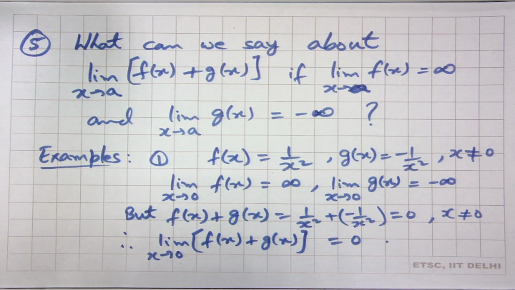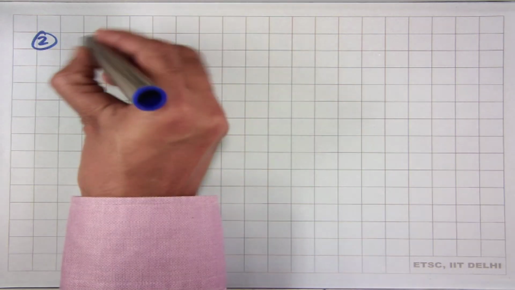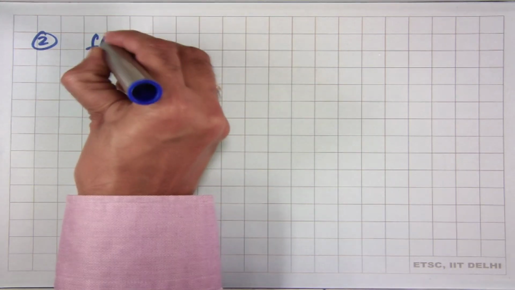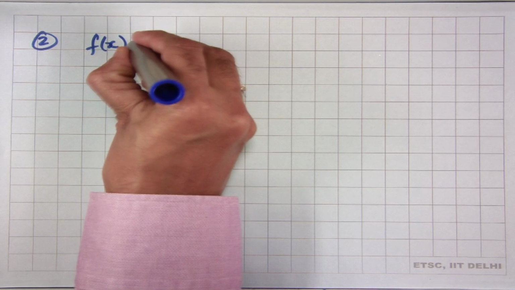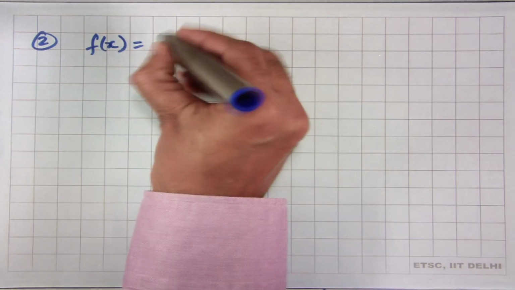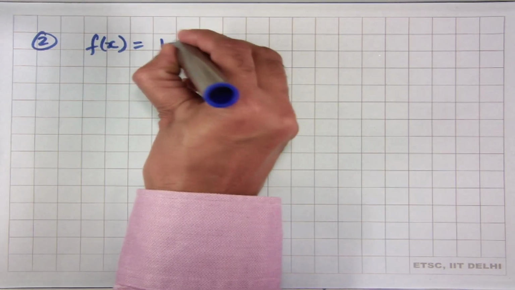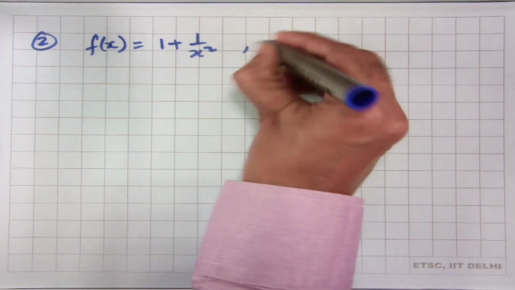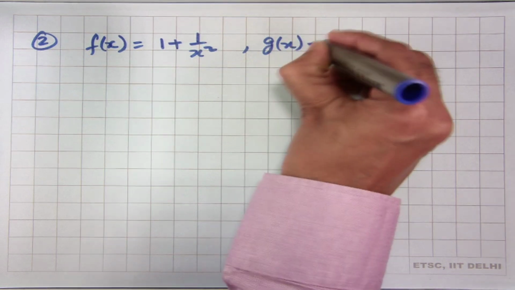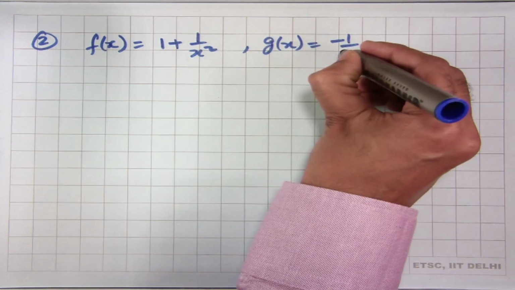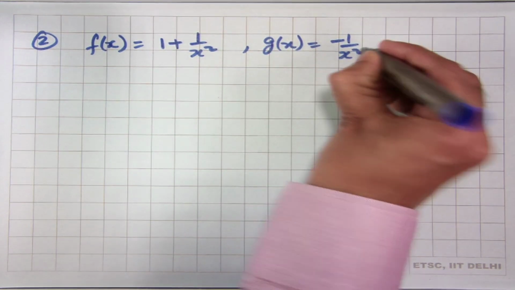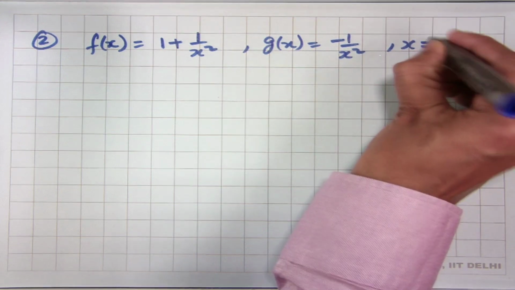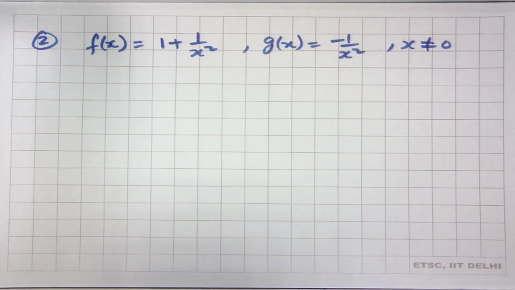Let us again look at f(x). Now I will take f(x) to be equal to 1 plus 1 by x square and g(x) equal to minus 1 by x square, and both are defined for x not equal to 0.